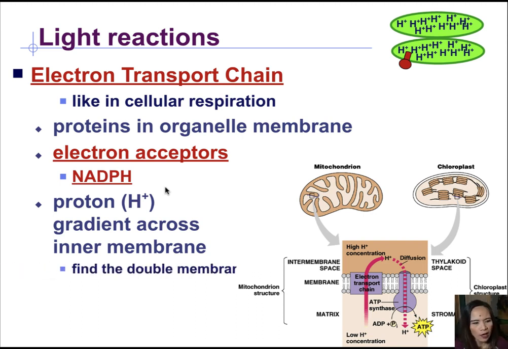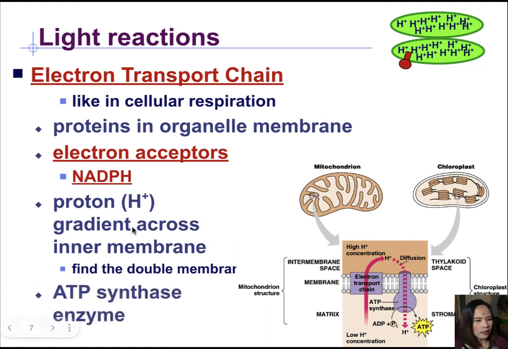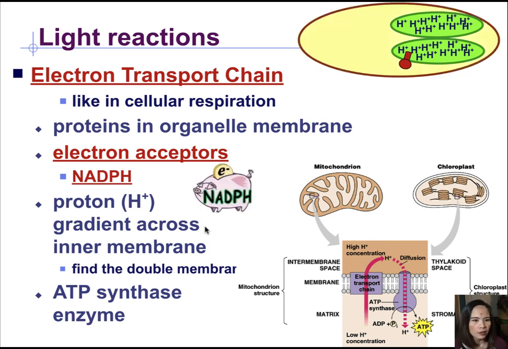Now, this is normally found in the double membrane. Basically, anything that has to do with energy generation, that's your mitochondria. And, of course, the ATP synthase enzyme is involved in the electron transport chain. So, again, we are trying to bank on energy in this reaction, okay?